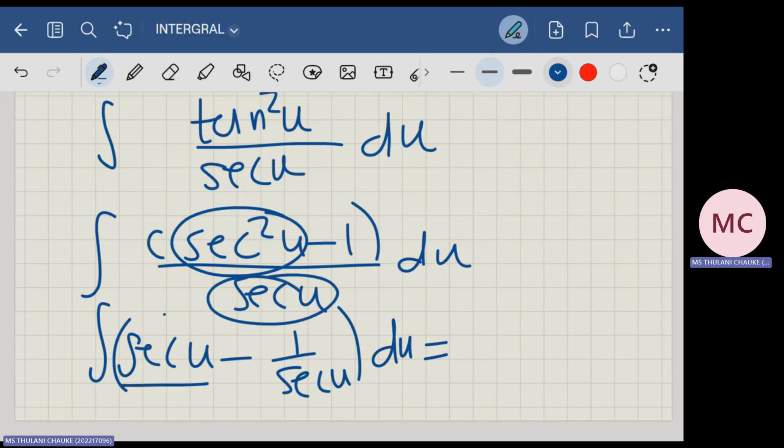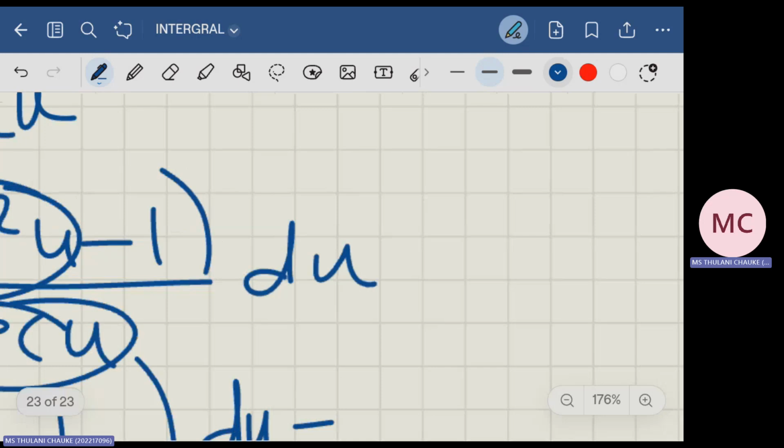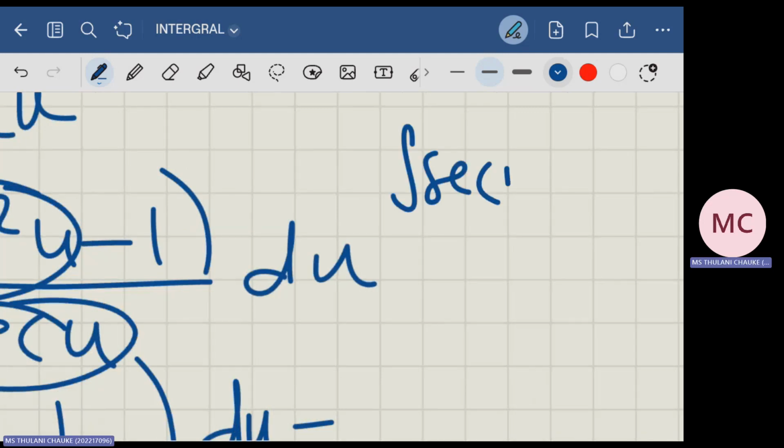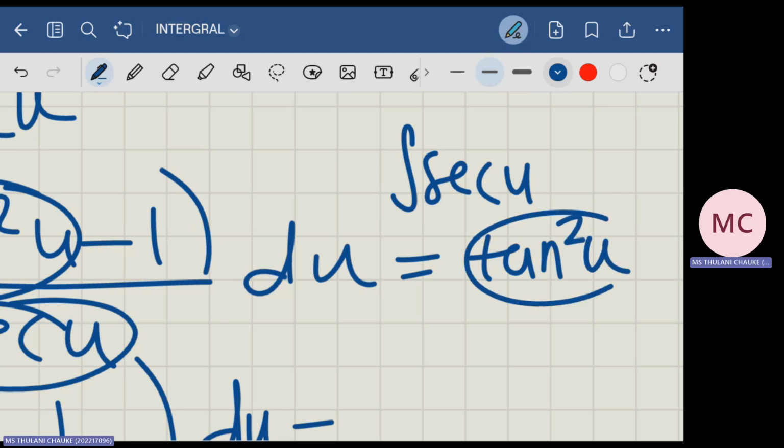Then you integrate sec u. What is the integral of sec u? I say it's tan squared, but if you differentiate this, you're not going to get that.